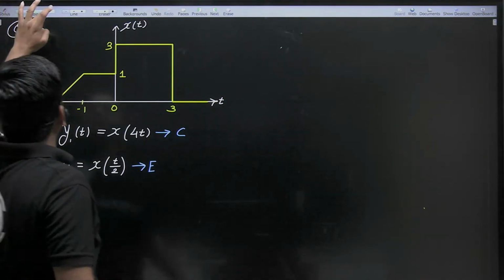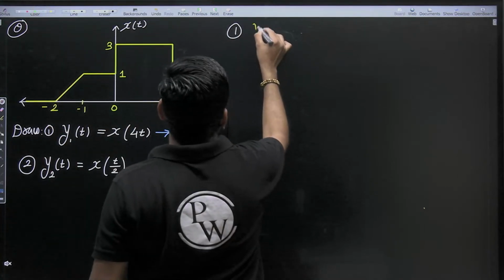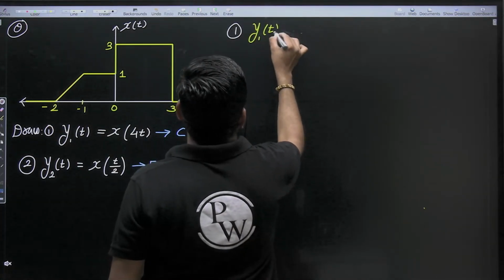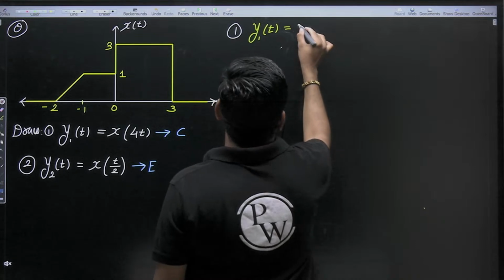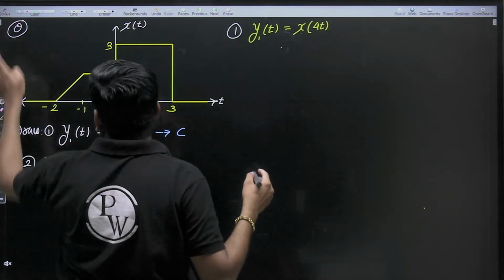So what you have to do? Simply, first case: y1 of t is equal to x of 4t.